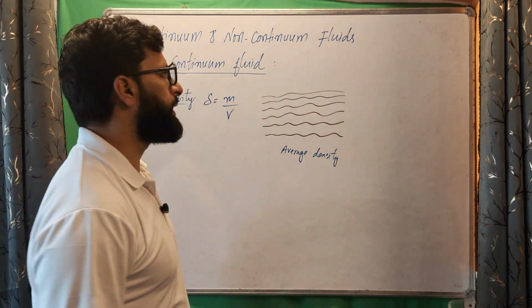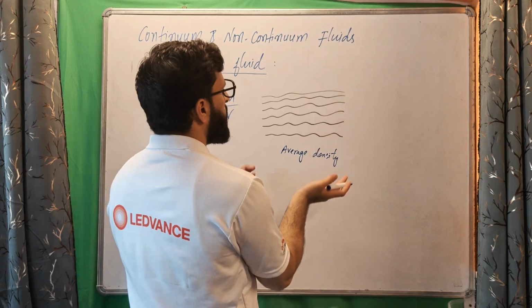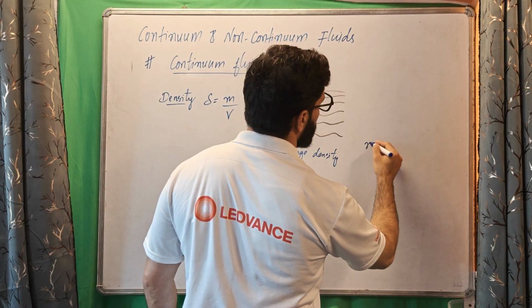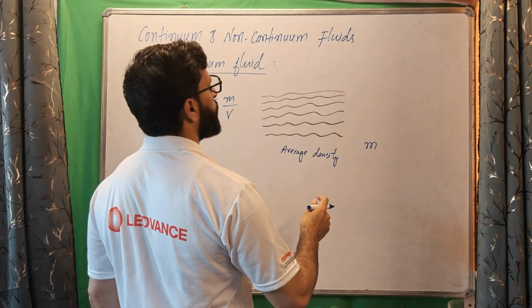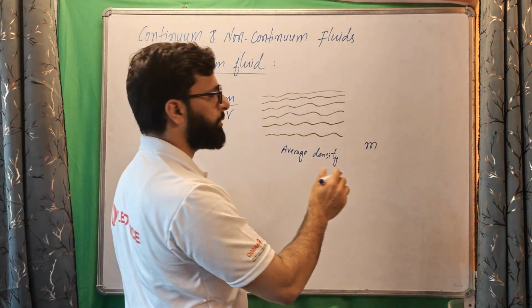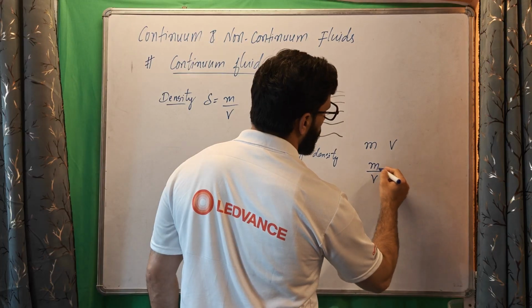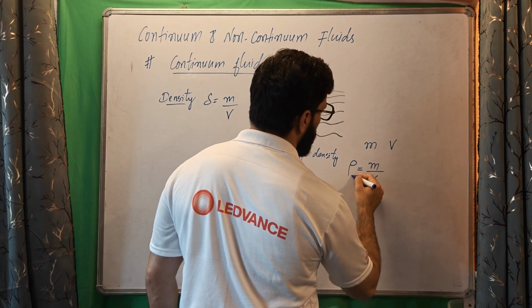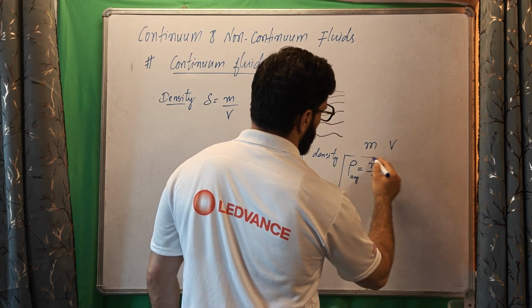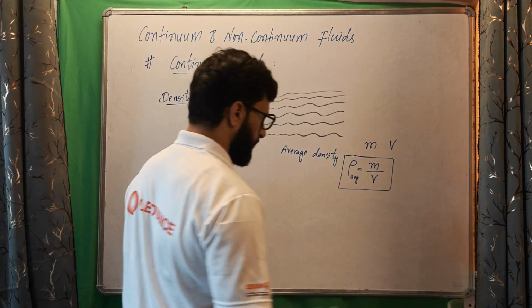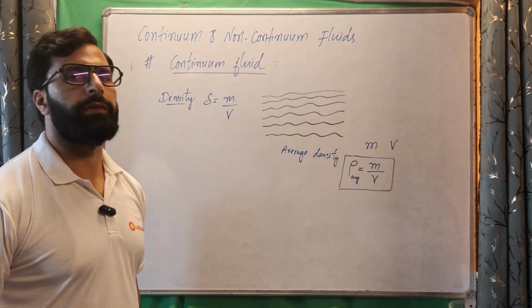What we'll do is measure the entire fluid, and suppose its mass is m, and we measure the volume it occupies. Suppose it occupies volume V. We divide mass by volume, and what we get is the average density of this fluid. Okay, we got the density.